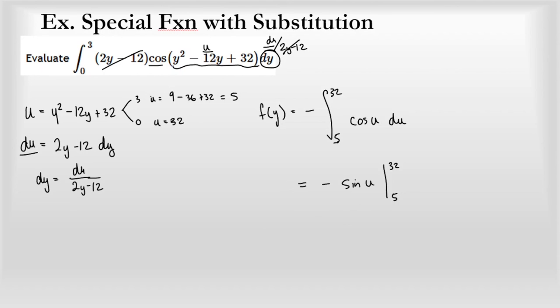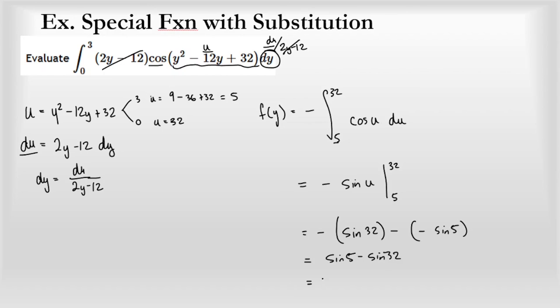When we evaluate this, again, we're going to do the negative of sine 32 minus the negative of sine 5. Or you can do sine 5 minus sine 32. Okay.